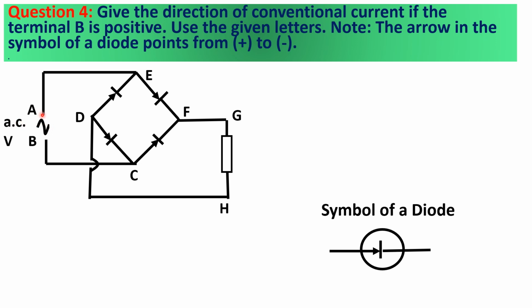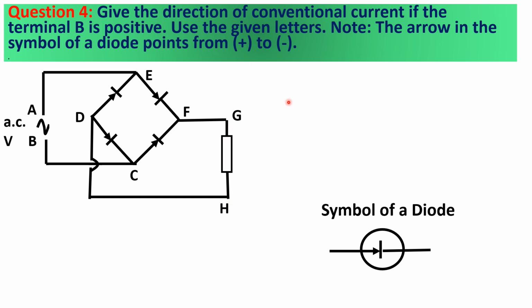So at point A, and this is point B, notice that there are 4 diodes connected as shown. Each point here, for example, is point D, that is point C, that's point E there, and this is point F. There is a resistor, and that's point G, and this is point H.